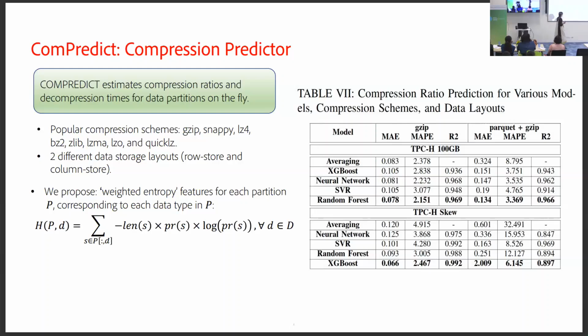So for that, we came up with another random forest-based model, which was able to estimate the compression ratio and the decompression time that each compression algorithm in our stack would achieve on different data partitions in our training set and test set. So again, this was able to achieve pretty good performance for the several different algorithms that we tried. We proposed weighted entropy features for doing this.